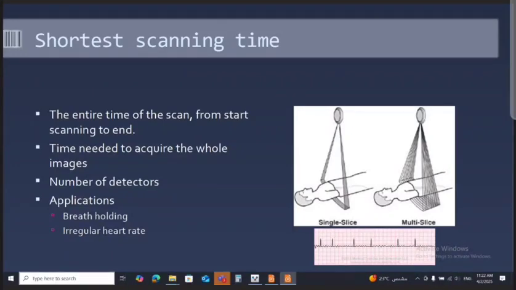Scanning time is the entire time needed for the scan from the start of the scanning to the end of the scan. And this is different from the temporal resolution. Temporal resolution is the time needed to have an axial image, while the scanning time is the time needed to perform the study from start to end.